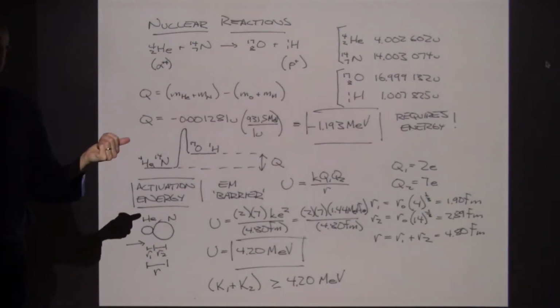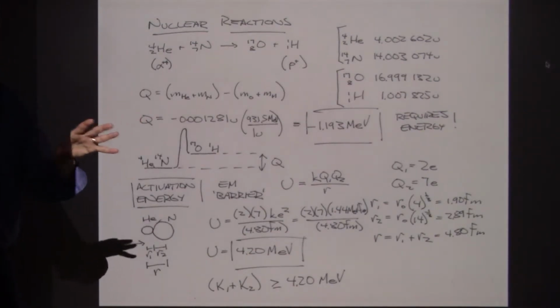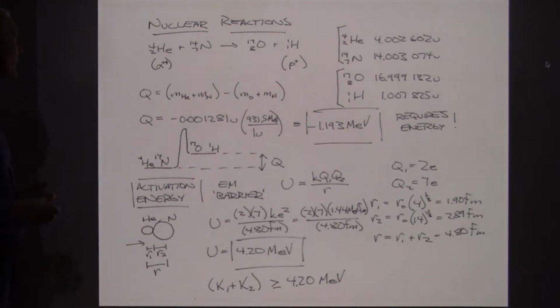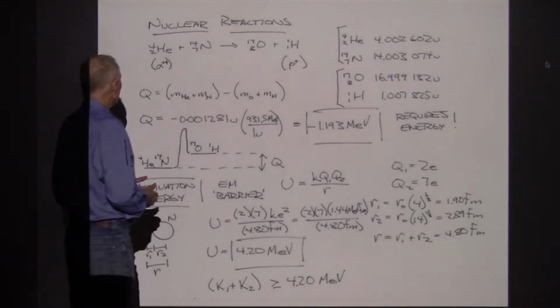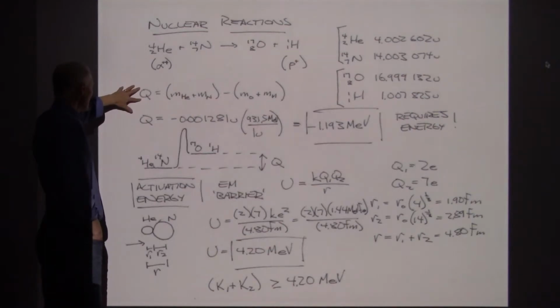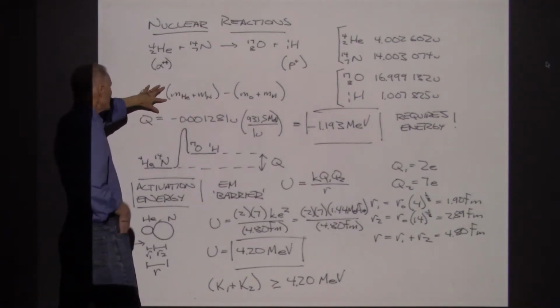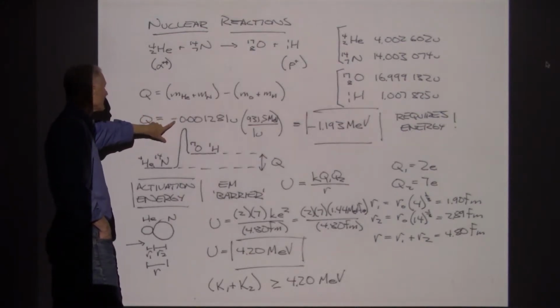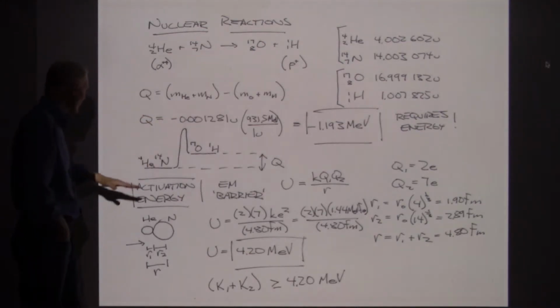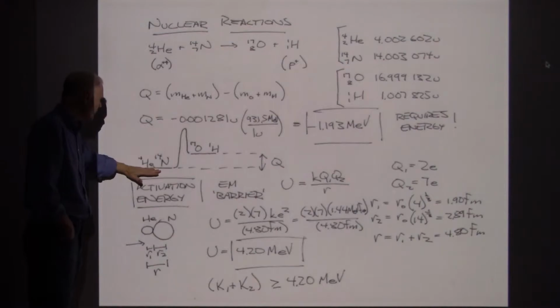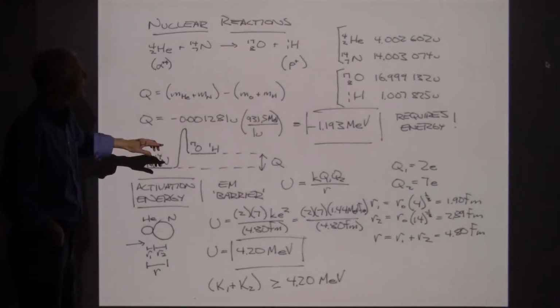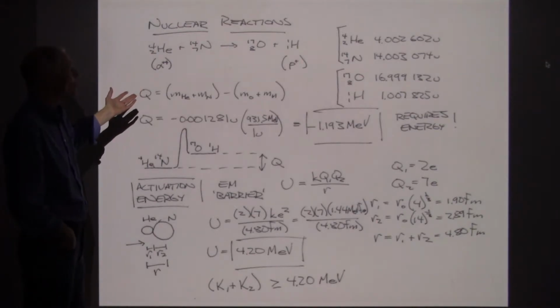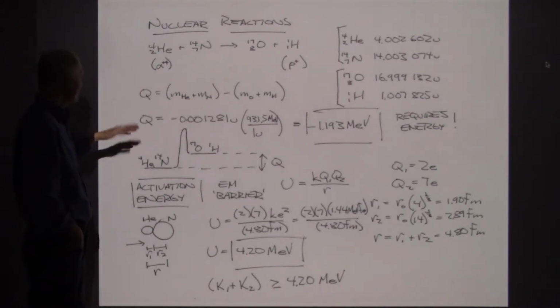So let's see how we can diagram this out and get ourselves organized to be able to calculate these kinds of problems. So here's the Q calculation following the same format that we've done for Q's before. We got a minus number. Now what that tells us is that the mass of the helium-4 and the nitrogen-14 is, what is that, like 18.0056.